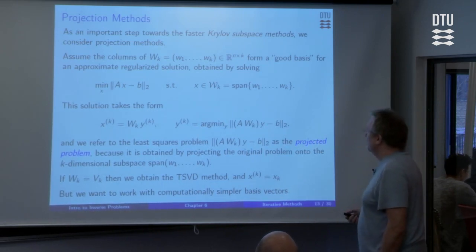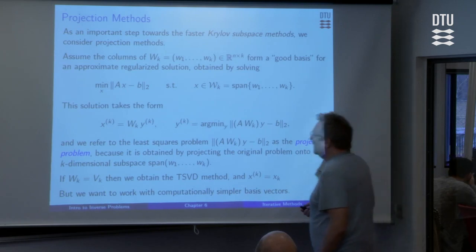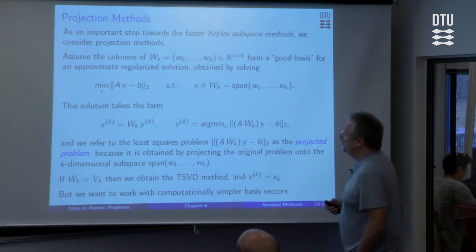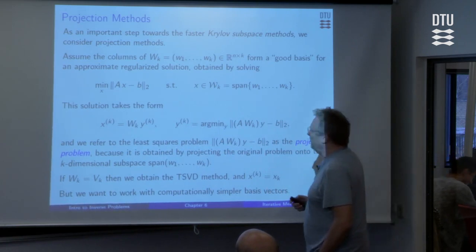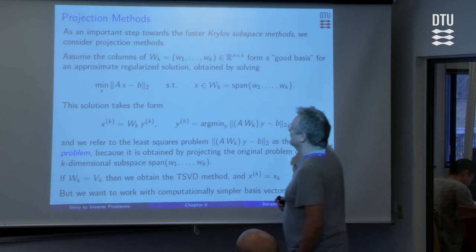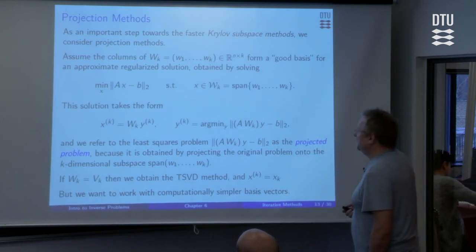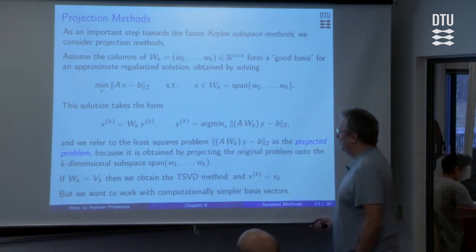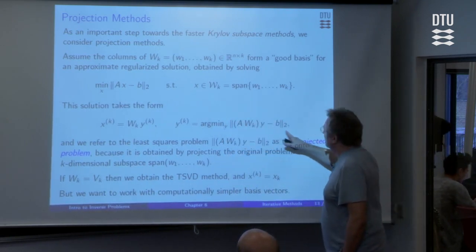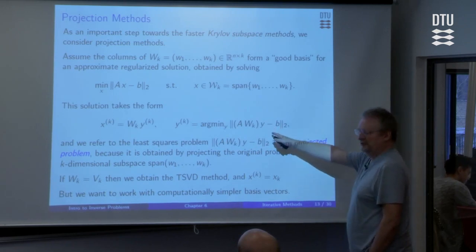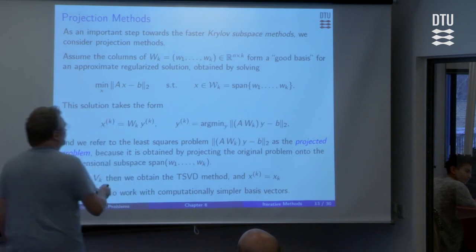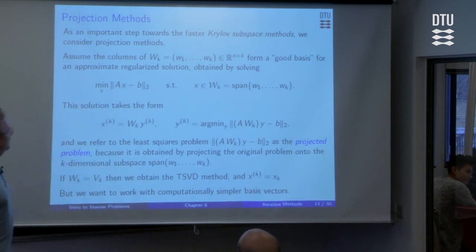The computations will then take the form that we write our solution xk, expanded in terms of these basis vectors. The coefficients in that expansion are in the vector yk. So how do we compute that? Well, that's just the least squares solution to the projected problem. This is the projected problem right there. It will give you a least squares solution that satisfies this definition up there.